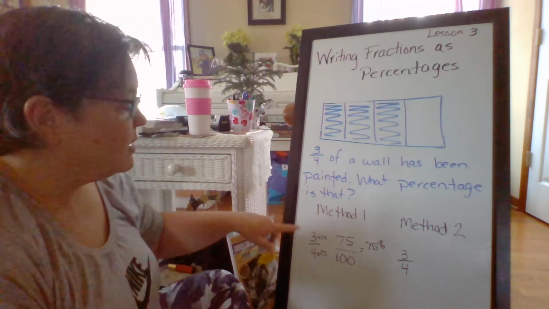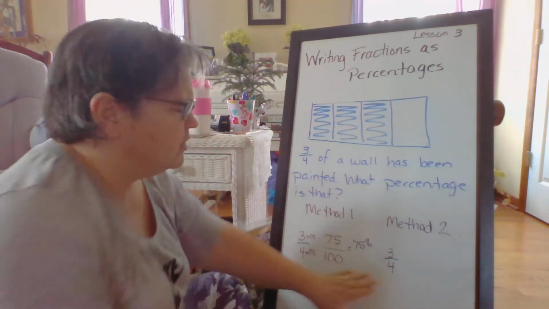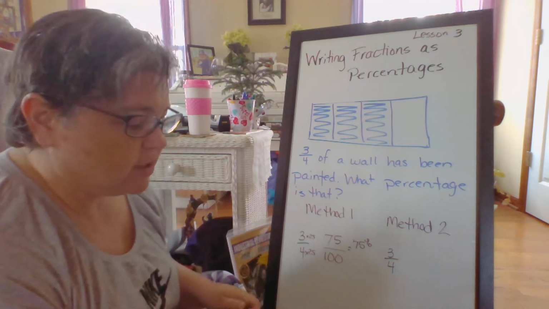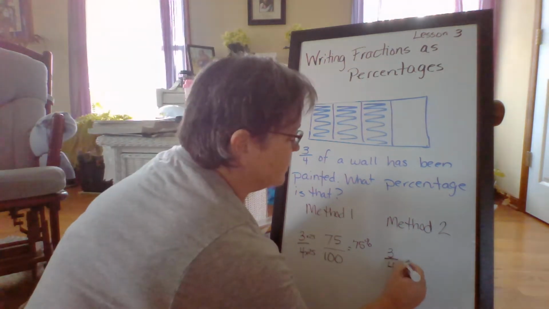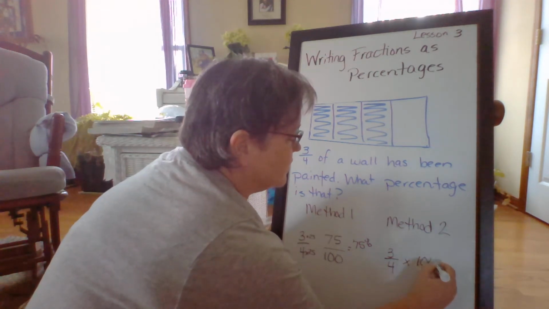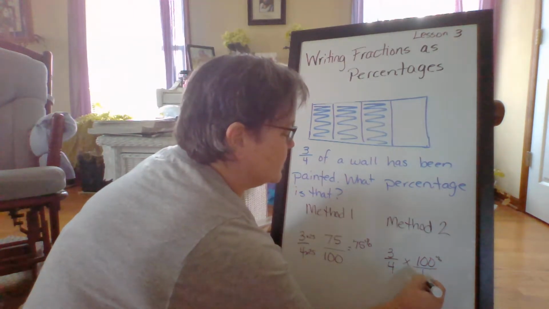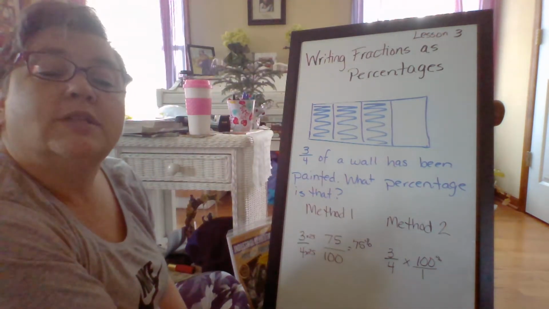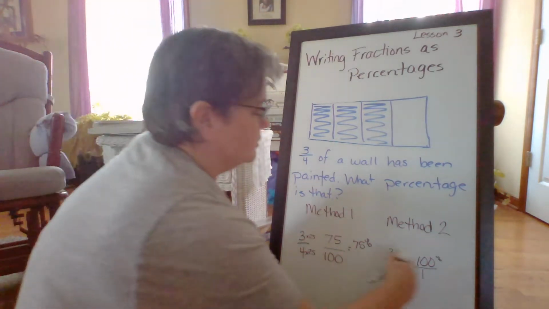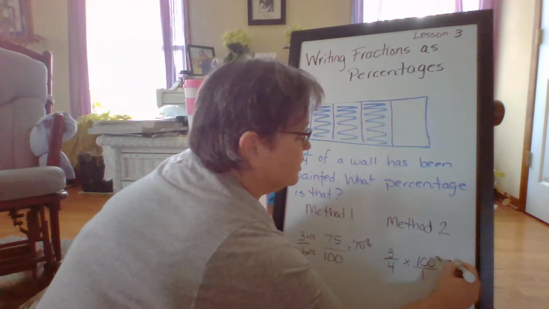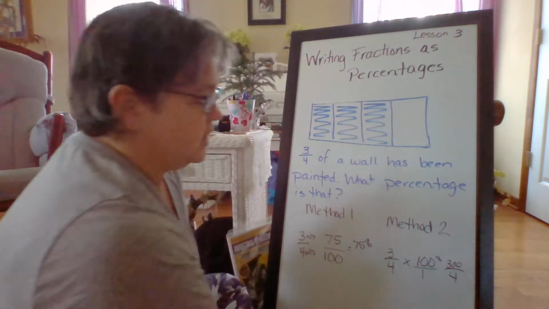Now that's method 1. Sometimes your denominator won't go into 100, and in that case, you're going to multiply by 100%. When you multiply by 100%, it looks like this. You just put 100 over 1, and then you can say 3 times 100 is 300, 4 times 1 is 4, and you can divide 4 into 300.